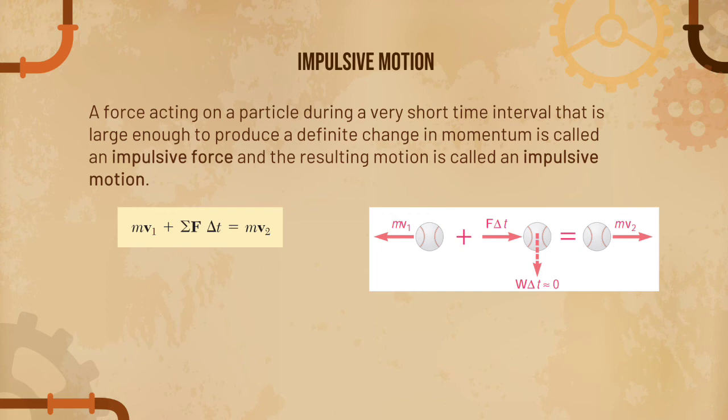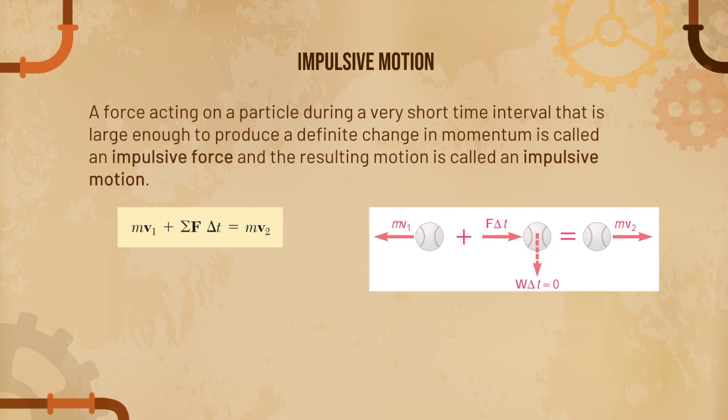When a baseball is struck, the contact between the bat and the ball takes place during a very short time interval. But the average value of the force exerted by the bat on the ball is very large, and the resulting impulse F delta t is large enough to change the sense of motion of the ball.